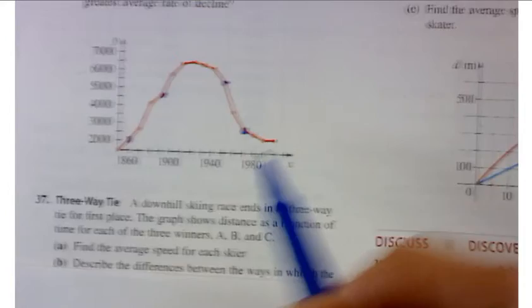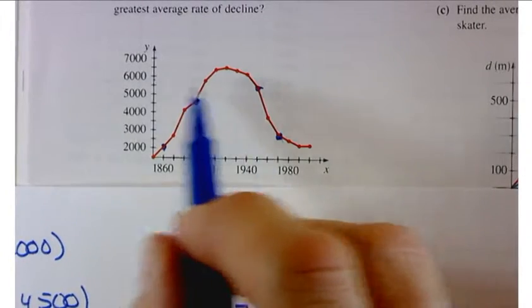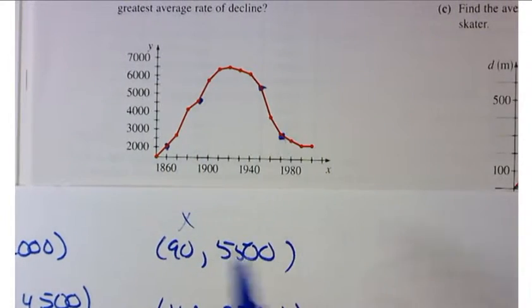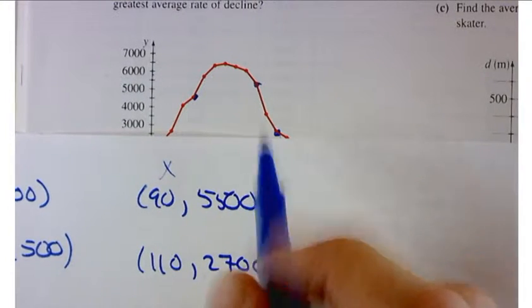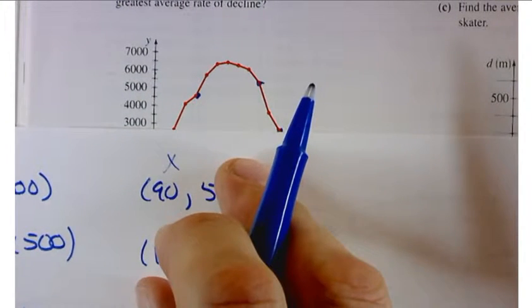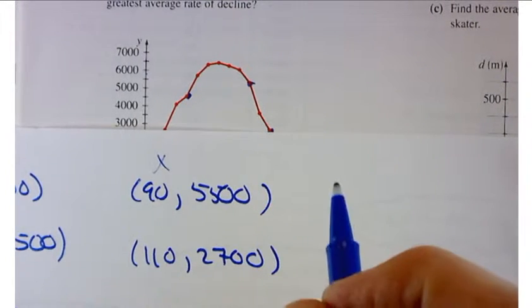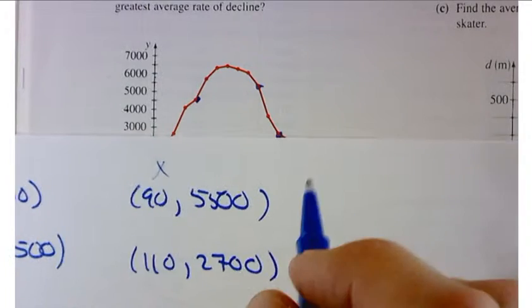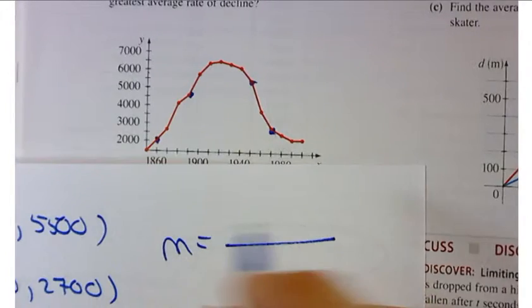The average rate of change, again, is going to be the slope. So 2,700 minus 5,500 over 110 minus 90. It's important that you subtract the numbers in the numerator in the right order. You should get a negative number. In fact, negative 2,800 divided by 20.